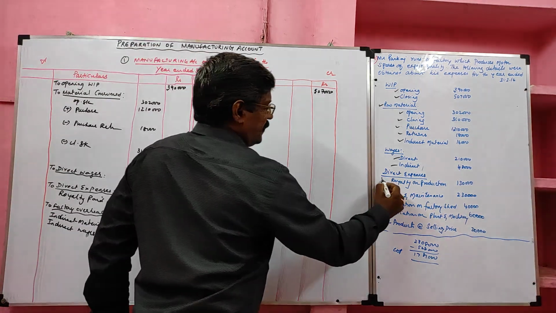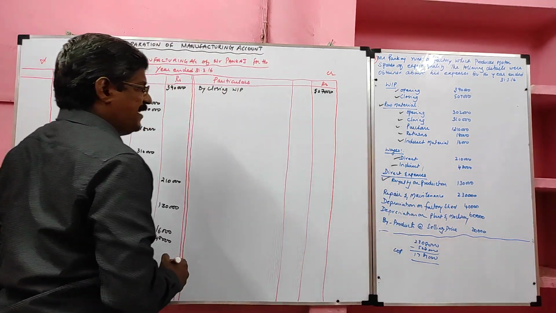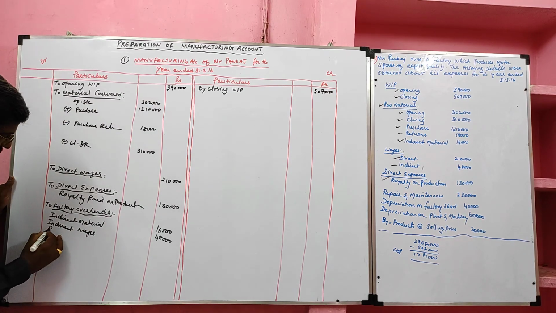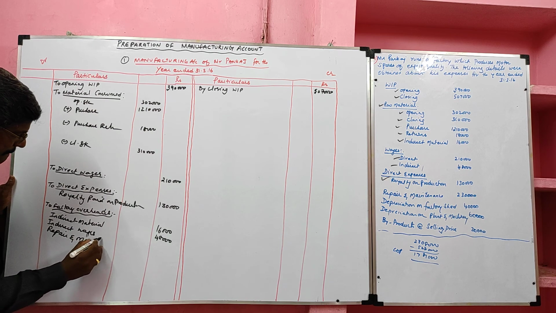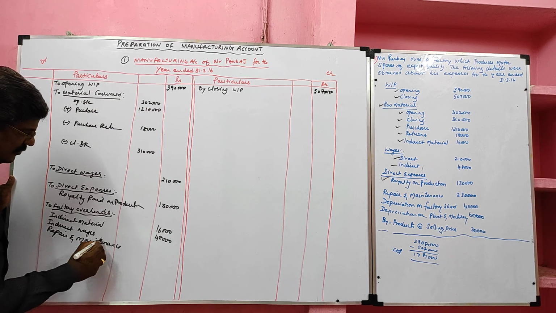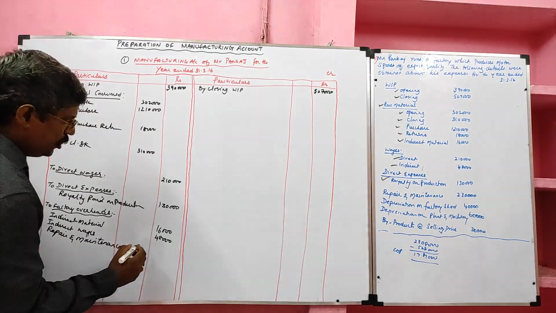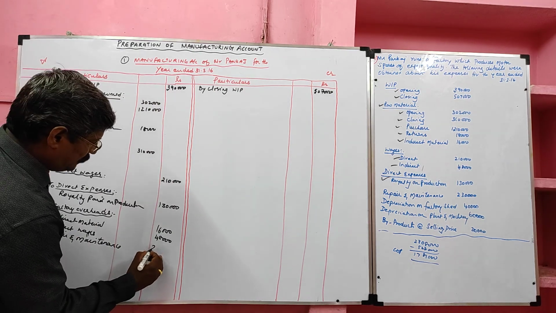Then repair and maintenance are factory expenses, factory overhead. The value is 2,30,000.